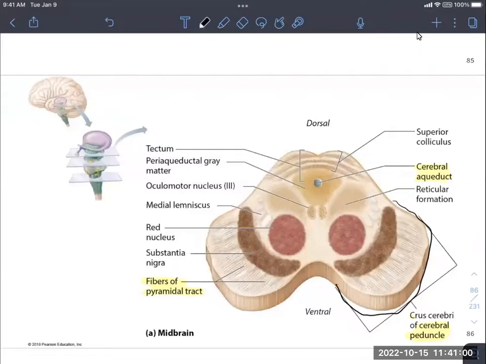That is that cerebral peduncle. Then we have different nuclei in here, our nuclei, as I said, for that oculomotor 3 nerve. We have other nuclei in here. They all do different things.